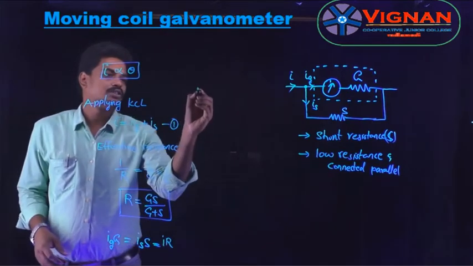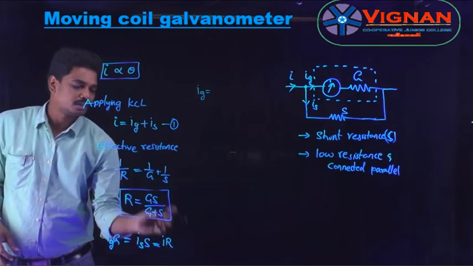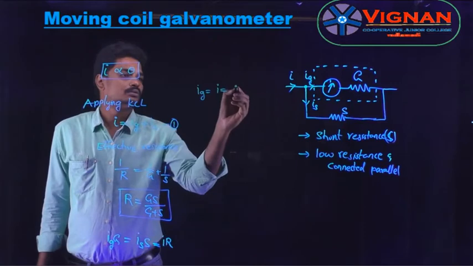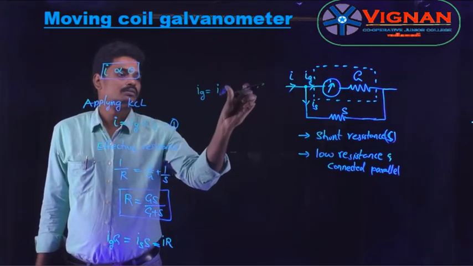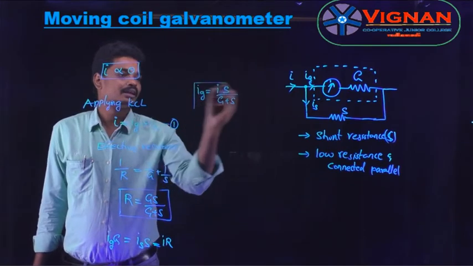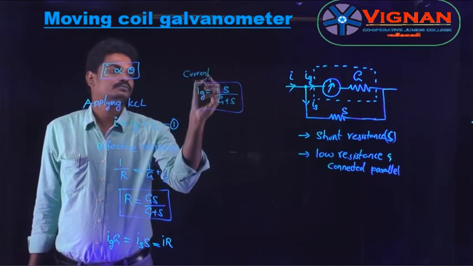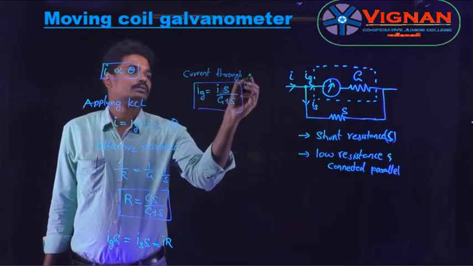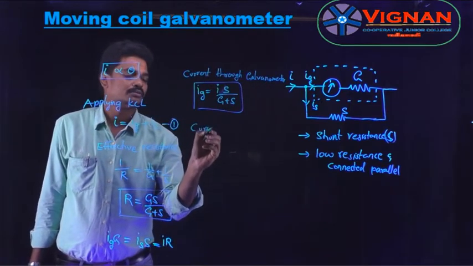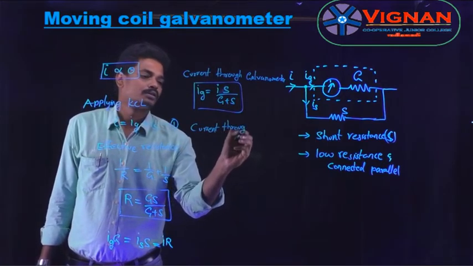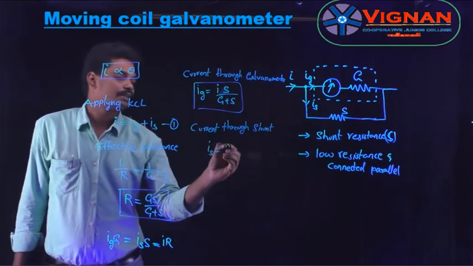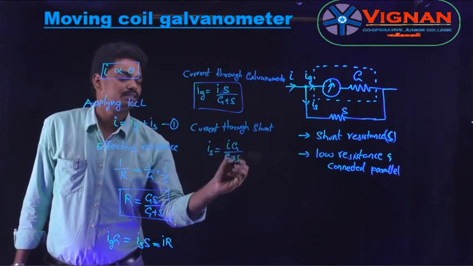On simplifying, in place of R we can substitute G S by G plus S, and divide by G. So Ig is equal to I into S divided by G plus S, which is the current through the galvanometer. And the current through the shunt is given by Is is equal to I into G by G plus S.